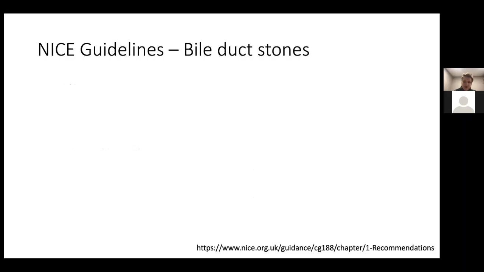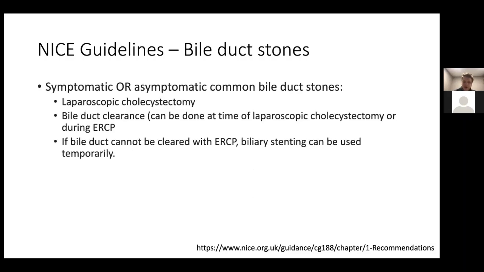So if the stone is in the bile duct, here are some important things, like I said before. If a stone is in the bile duct, whether it's symptomatic or asymptomatic, it requires an operation, laparoscopic cholecystectomy. The asymptomatic gallstones I was talking about before are when they're in the gallbladder itself, not in the duct, because if it's in the duct, obviously that's a blockage and it'll eventually cause a problem if it hasn't already.